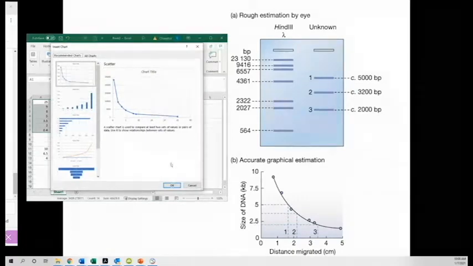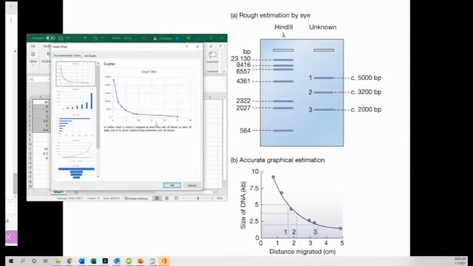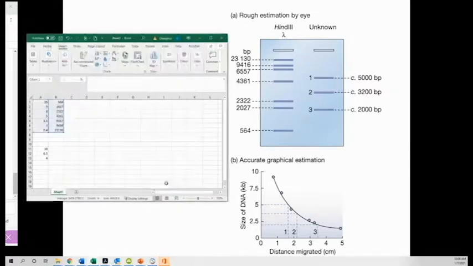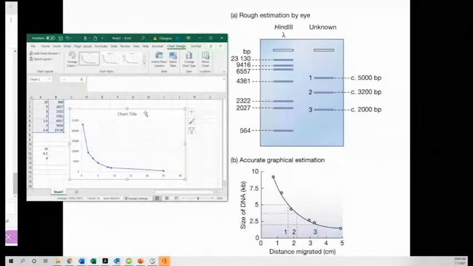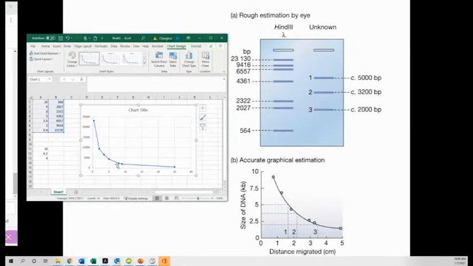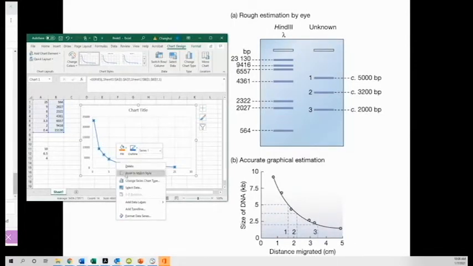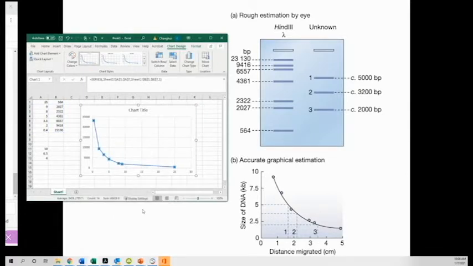So this is a graph, the migration distance versus the DNA size. Now you right-click this, and that shows you the trend line.